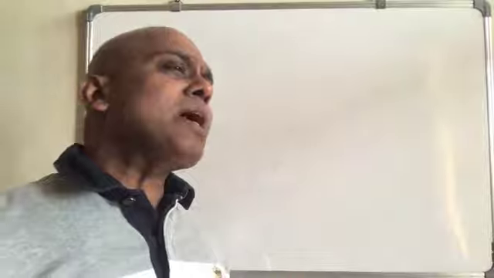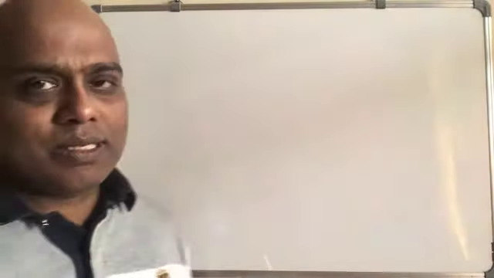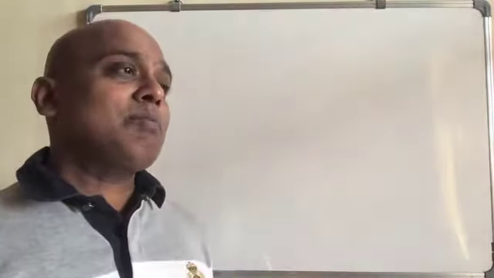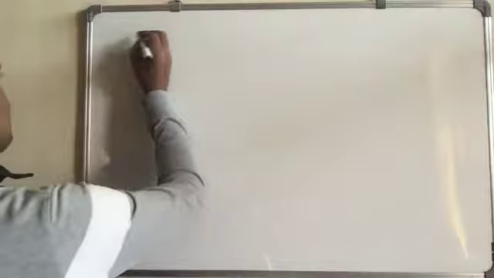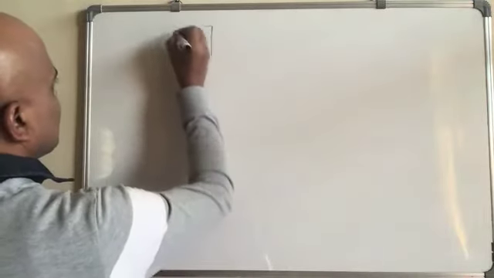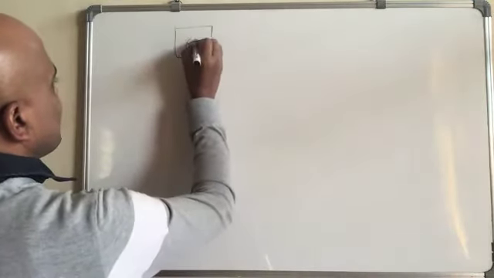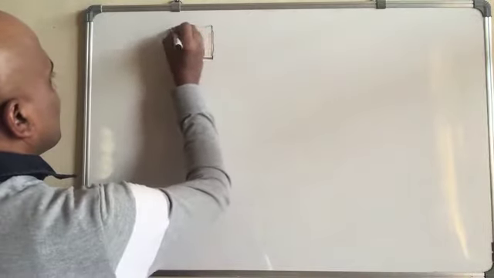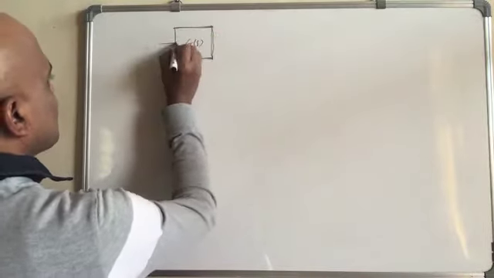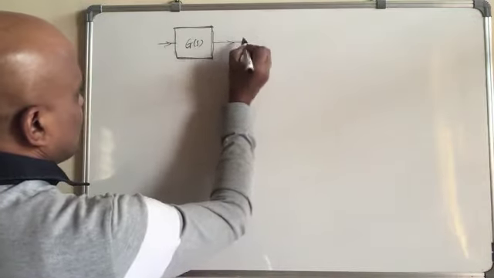Okay, so we have studied first order systems and second order systems. What about the higher order systems? Let us say there is a system something like this one. So this is G(s). This is the feed forward transfer function.